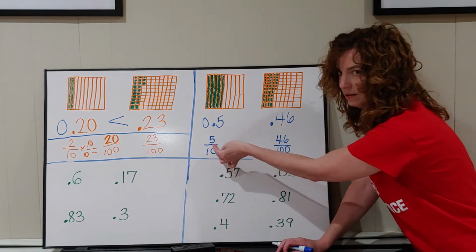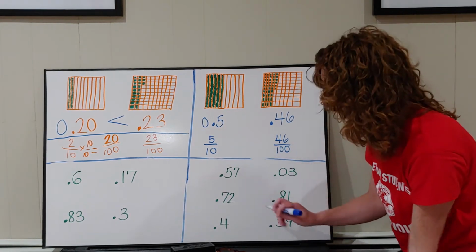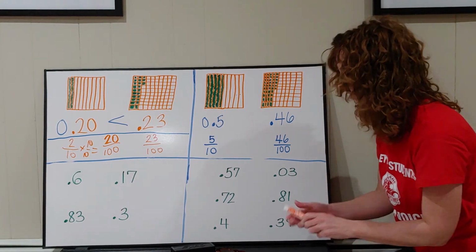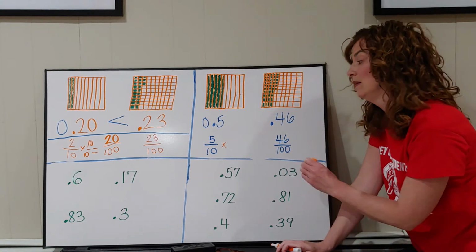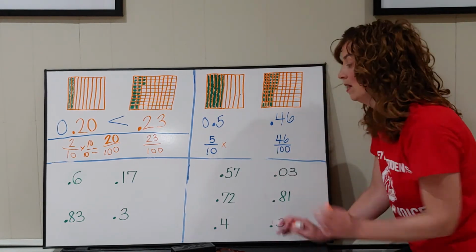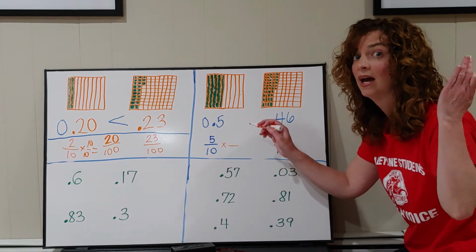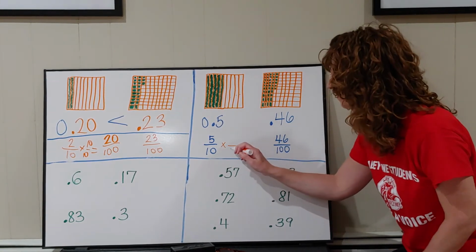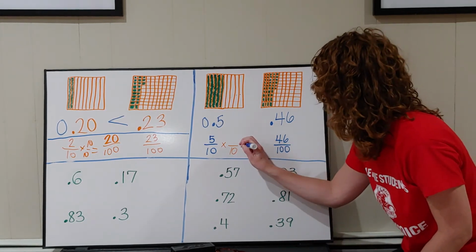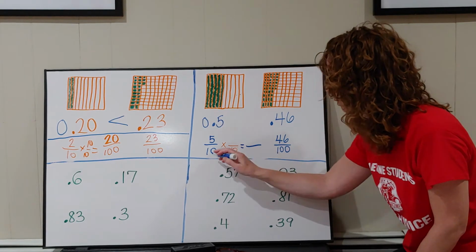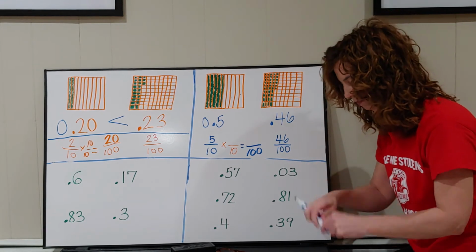I can't go backwards, because I can't divide evenly by 46. So I'm going to, let me get my different color so you can see it a little bit better. All right, to make an equivalent fraction, you multiply the same number top and bottom. So 10 times what equals 100? 10 times, everyone, 10. 10 times 10 is 100.